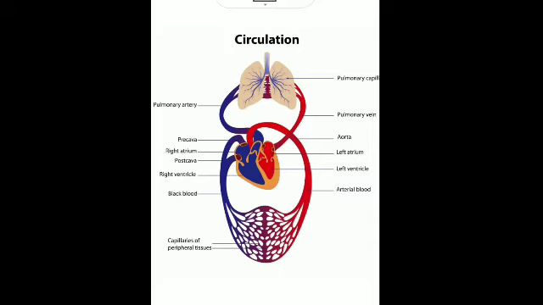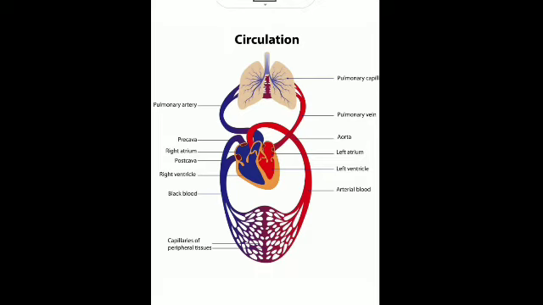The right ventricle contracts now, and what is the right ventricle containing? The deoxygenated blood. This deoxygenated blood is pumped into the pulmonary artery. Is that clear? This is how the blood is forced further.